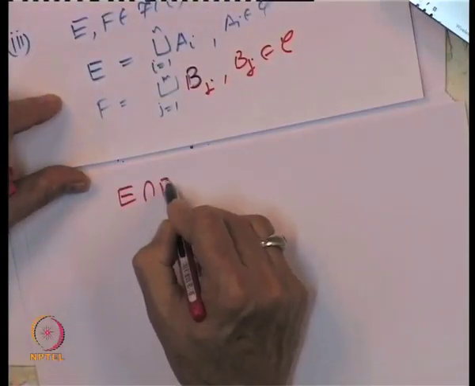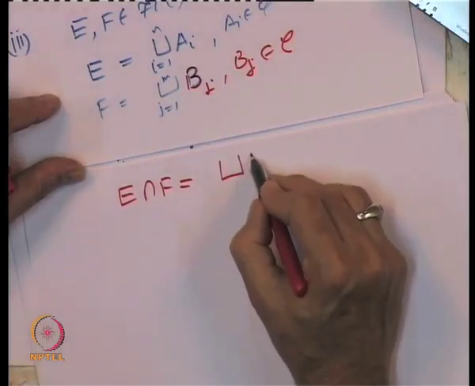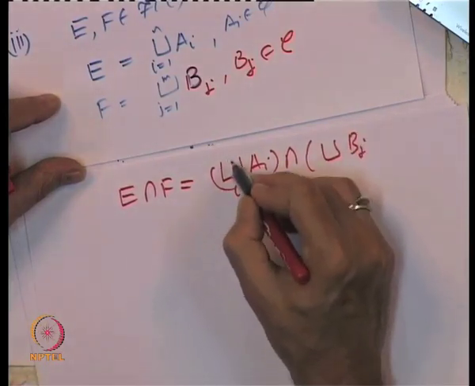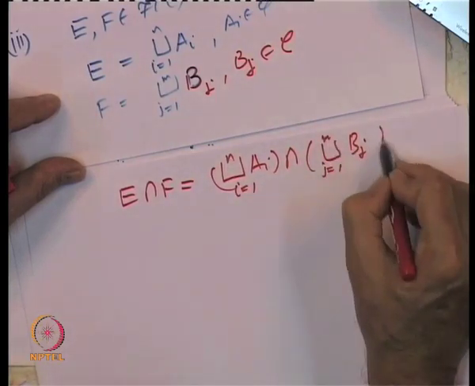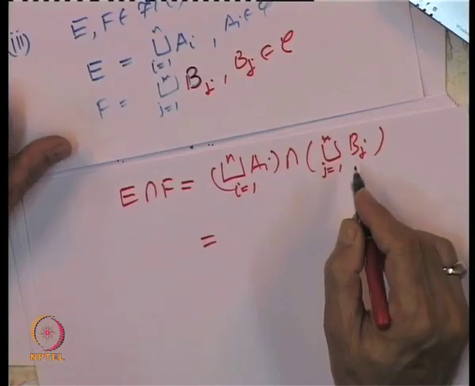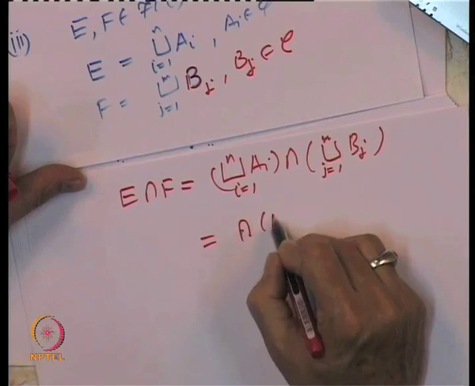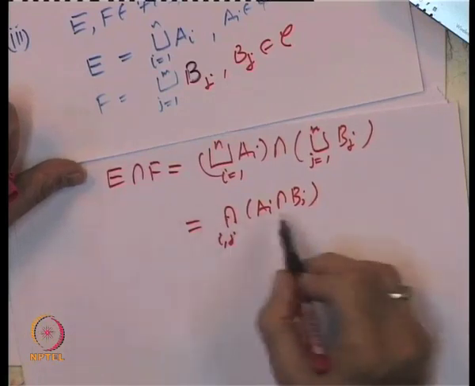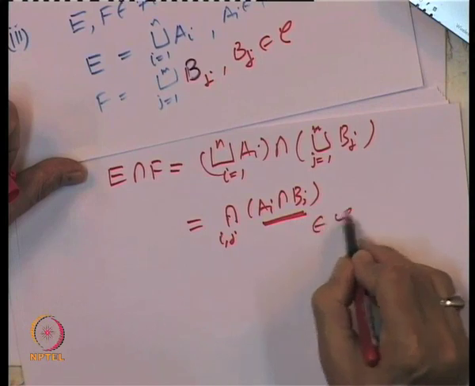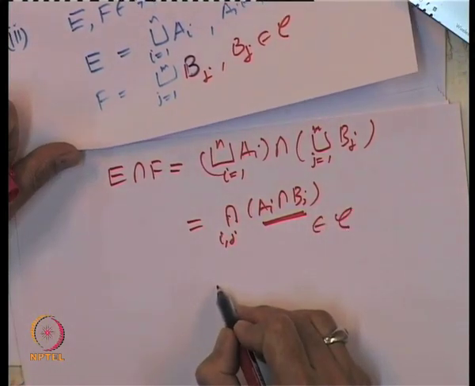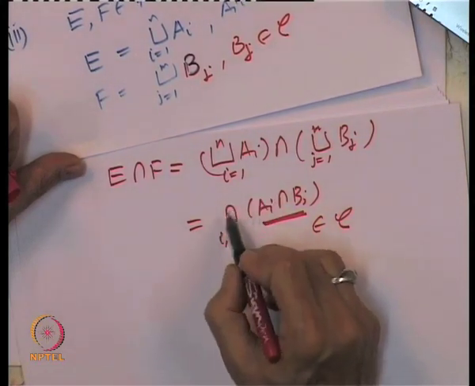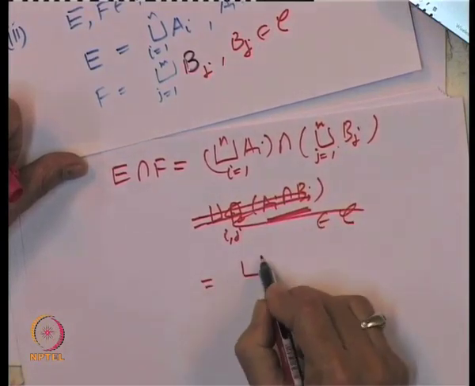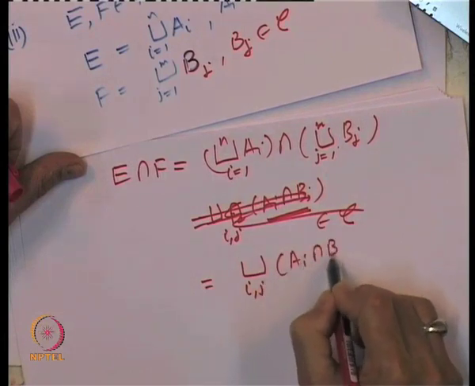So, E intersection f will be equal to the union of A i's intersection the union of b j's, i equal to 1 to n, j equal to 1 to m, and once again using the distributive property, we get the union over i and j of A i intersection b j.